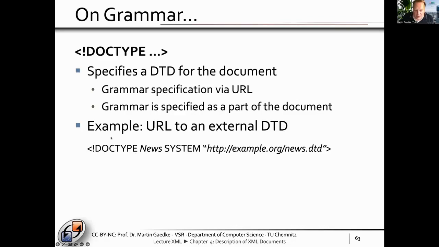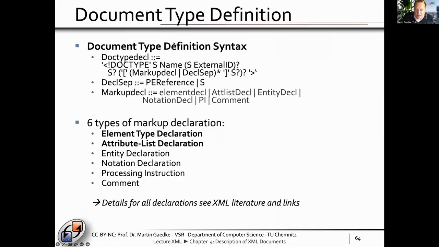You have a very specific sequence of characters telling that there is a grammar called news, and the news grammar can be found at this URL, example.org/news.dtd. Again, the doc type, the document type definition, is specified in this way.